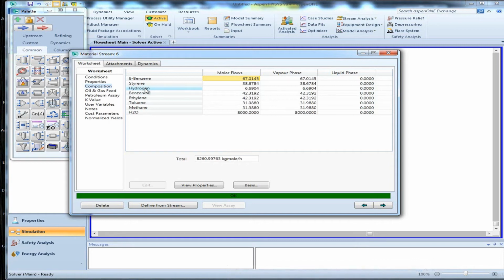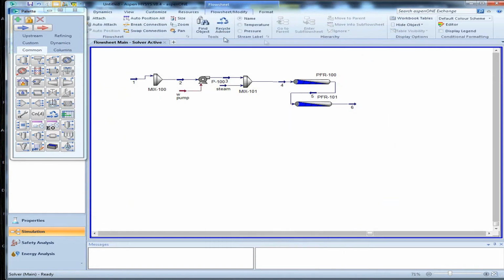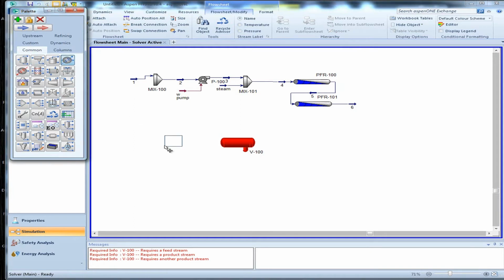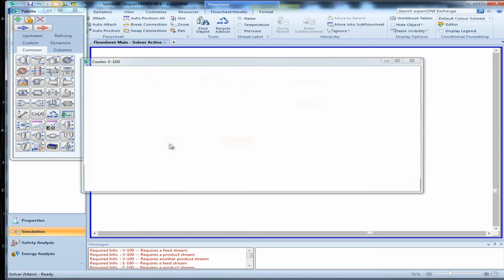That will separate hydrogen out from the system as well as liquid water. From this we have 8 chemicals here. What we should do is put in a 3-phase separator to separate them, but before that we need to bring the temperature and pressure down. So we use a cooler.